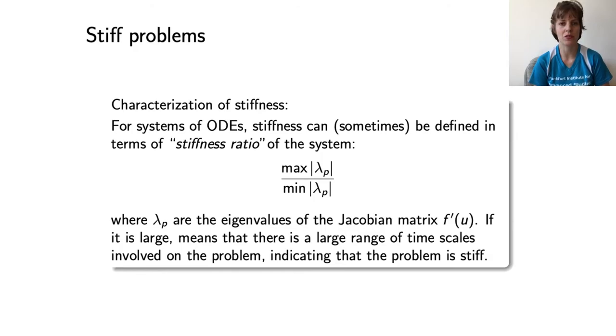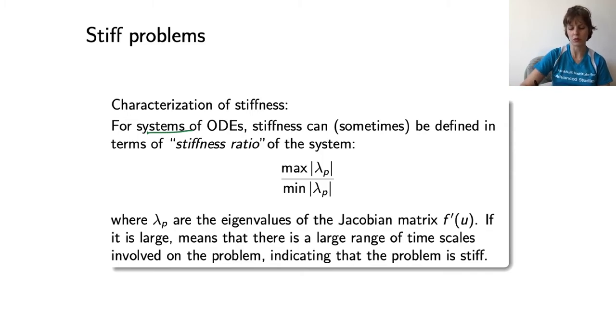So the characterization of stiffness. For systems of ODEs, stiffness can sometimes be defined in terms of the stiffness ratio of the system, which is the maximum eigenvalue divided by the minimum eigenvalue, where lambda p are the eigenvalues of the Jacobian matrix.